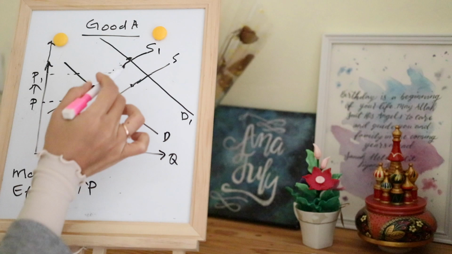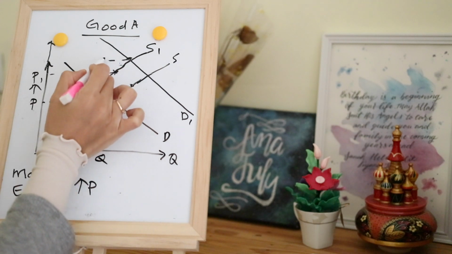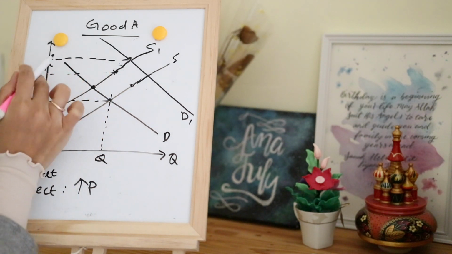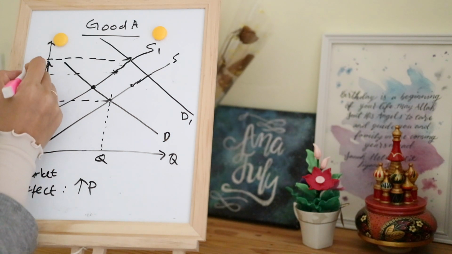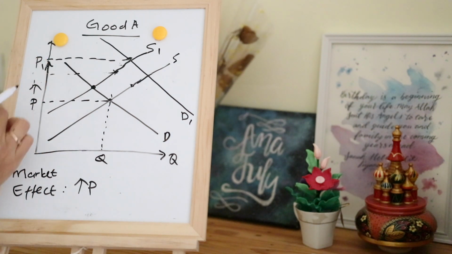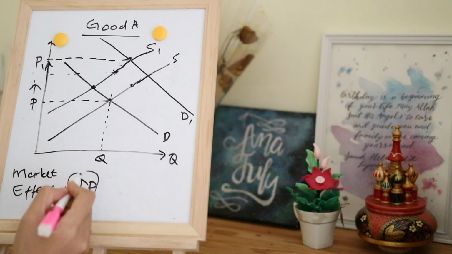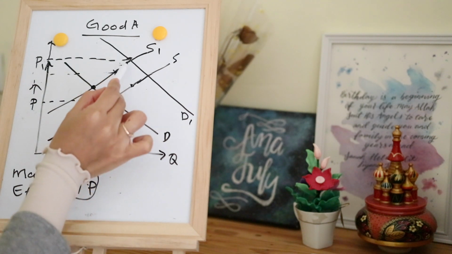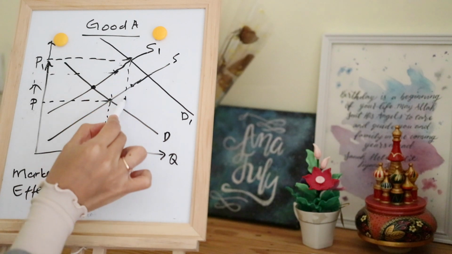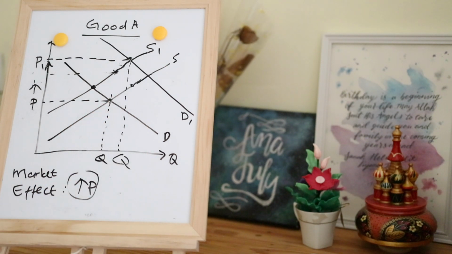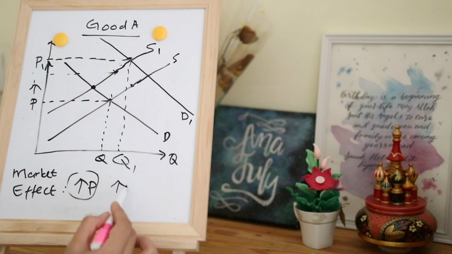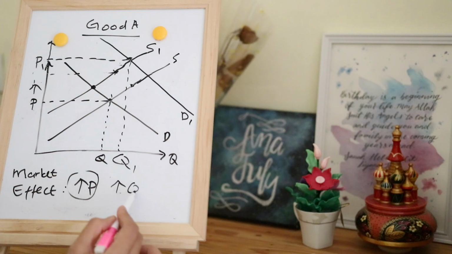So what will be your new price? What will be the market effect for this situation? Price is still increasing from P to P1. How about the quantity? The quantity now is increasing as a new market effect.